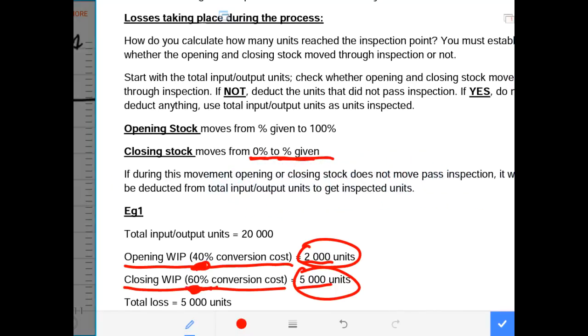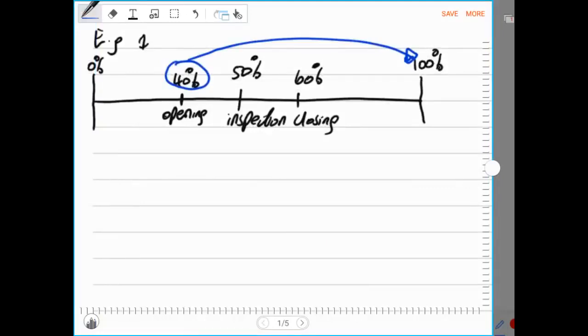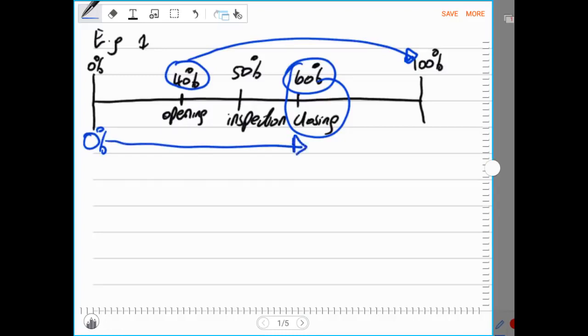Meaning when we link this with our underline, it means the closing stock that we see here moved from 0, this is 0%. It moved from 0 up to a given percent, and here is the given percent. However, with regard to opening stock, it moved from a given percentage, which is 40%, up to 100%.